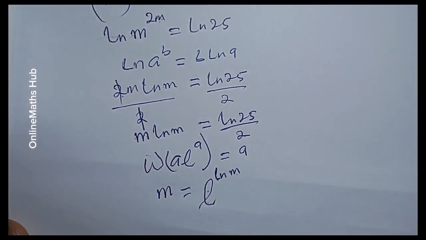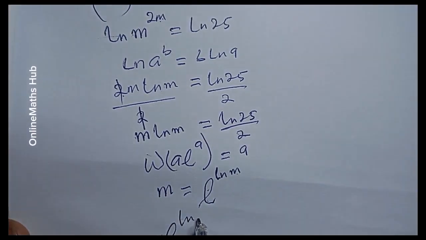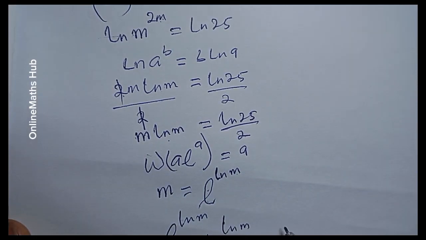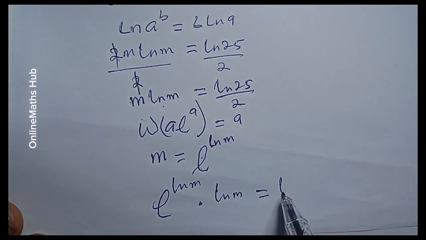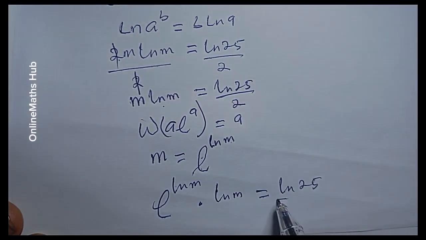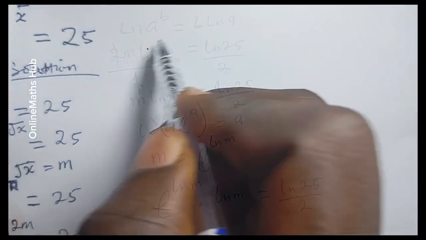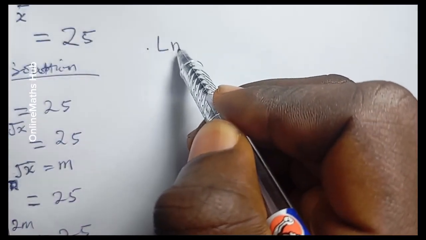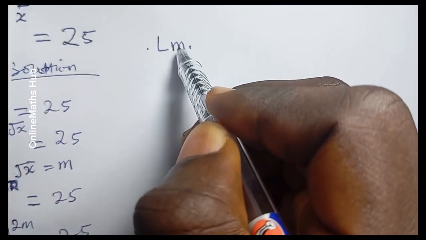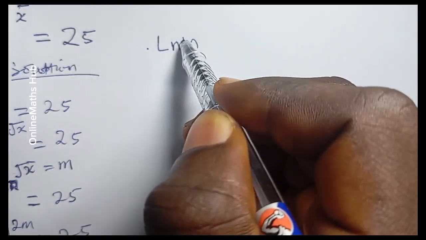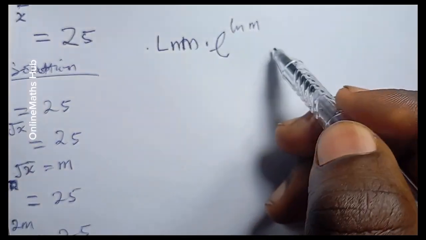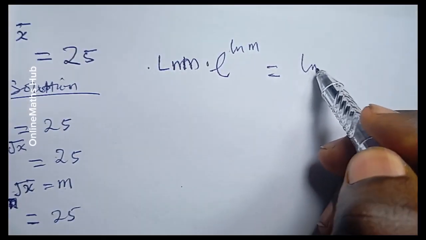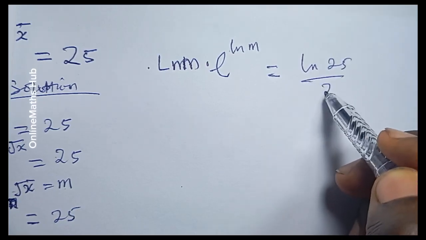So writing this, I'm going to have exponential of natural log of m multiplied by this natural log of m right here, and it's all equal to the natural log of 25 divided by 2. So I can write this as natural log of m multiplied by the exponential of natural log of m is equal to the natural log of 25 divided by 2.